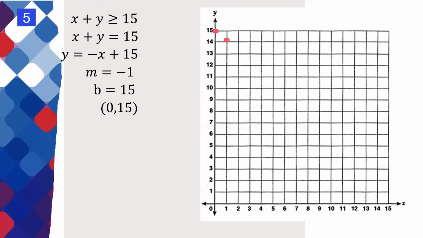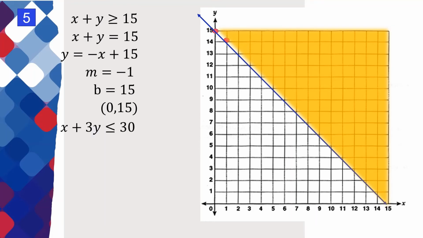Since that is greater than or equal to, we will use a solid line. Then identify the shaded region. If we use 0, 0, the inequality will become 0 plus 0 is greater than or equal to 15, which is incorrect. So ibig sabihin, ang i-shade natin ay yung nasa kabilang part.